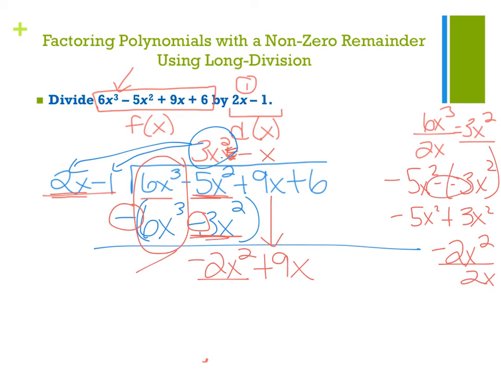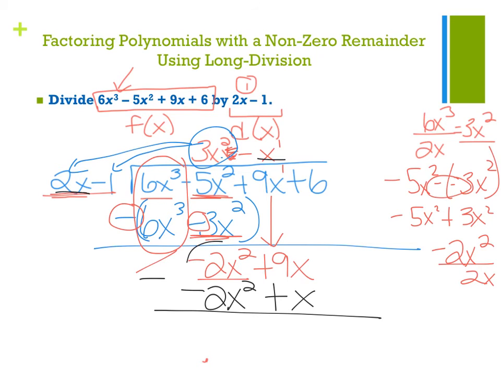And so again, watch how this has an x to the first power. This term also has x to the first power. And from there, I'm going to multiply negative x to the first times 2x, which is negative 2x squared. And negative x to the first times negative 1 is positive x. Now again, I'm subtracting these columns.